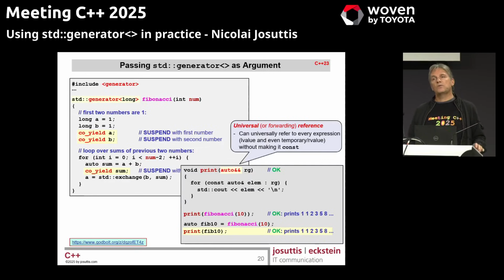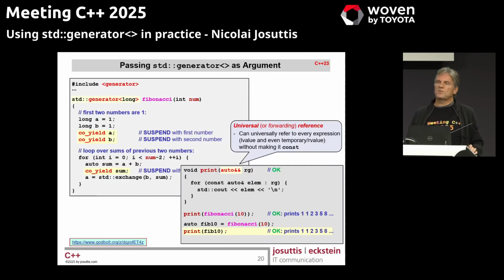But we still don't copy it, because copying would also not be allowed for an std generator. The copy is disabled. So that way it works, and we can iterate over the elements. This is a print fix you also need for some of the views. So yeah, welcome to the game.